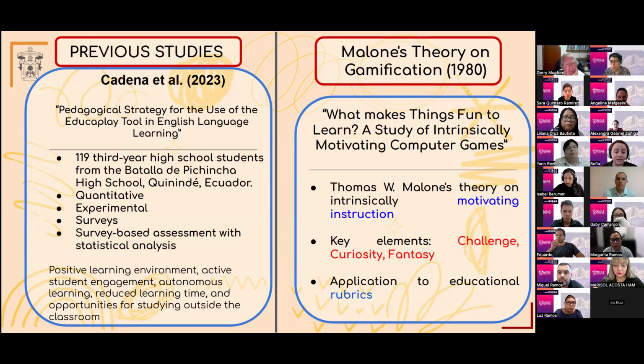This theory provides a clear framework that evaluates the effectiveness of gamification in language learning. My intention is to work under Malone's historical framework, applying these elements to the design and evaluation of gamified English language learning activities.